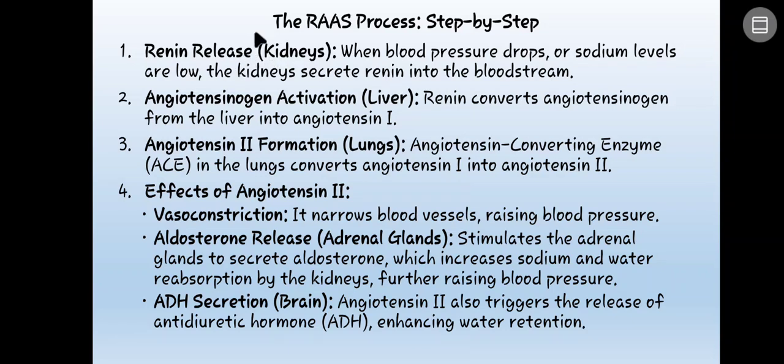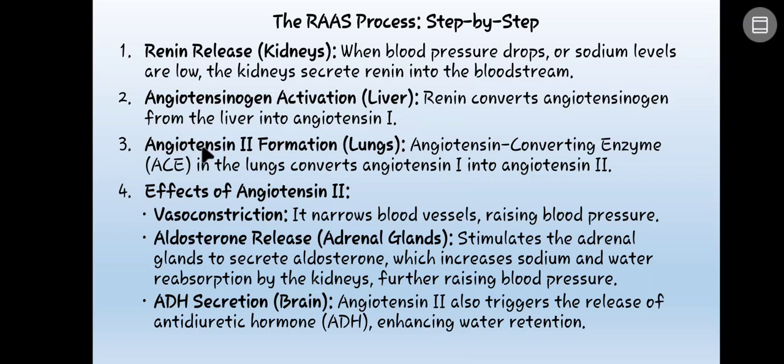Now, once renin is produced, it is released into the bloodstream. In the bloodstream, you already have the liver producing angiotensinogen, which is a protein produced by the liver. The renin will convert the angiotensinogen into angiotensin 1.